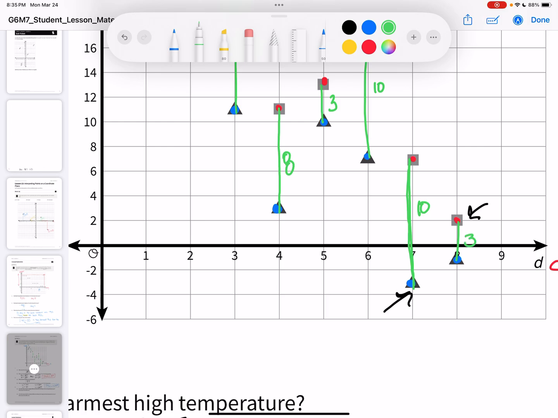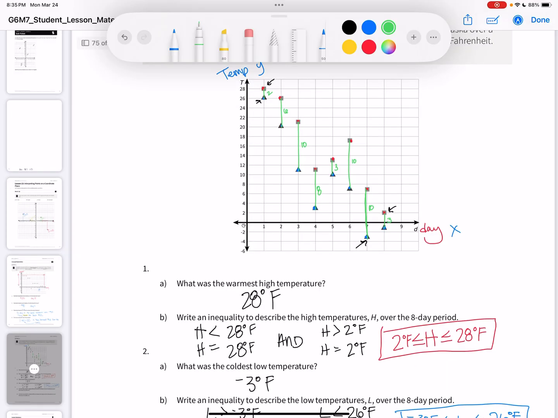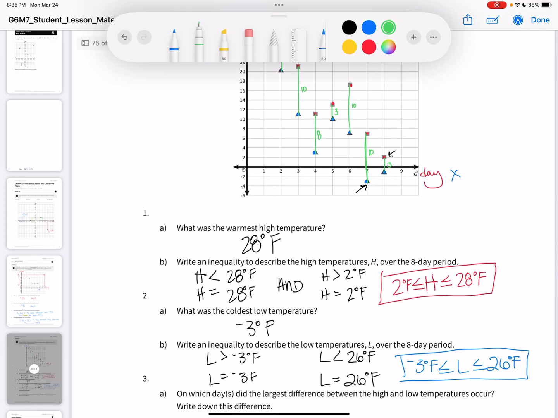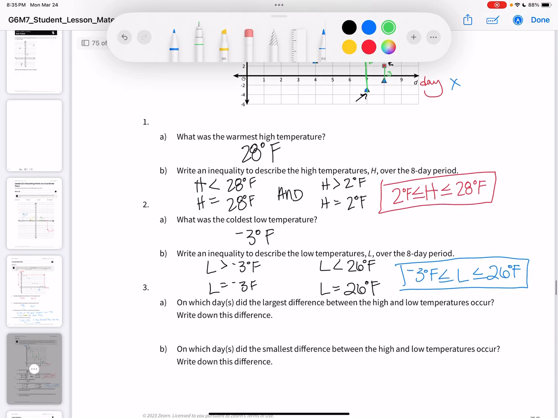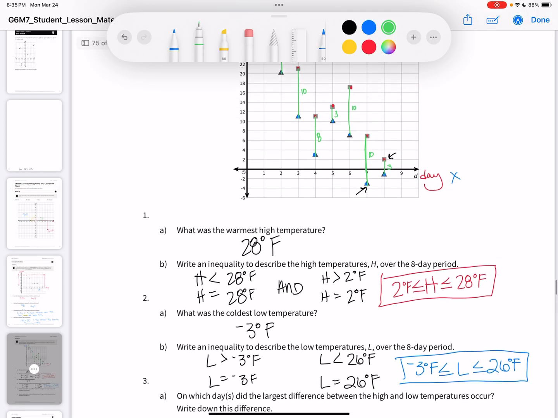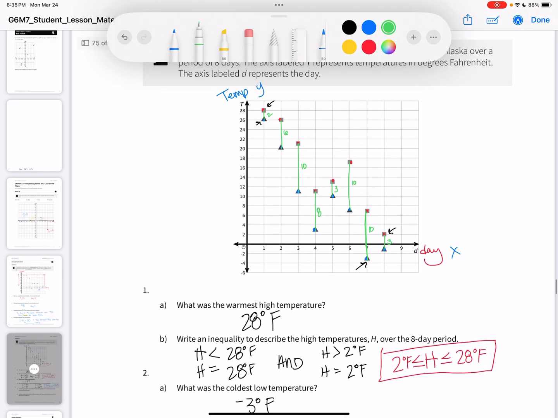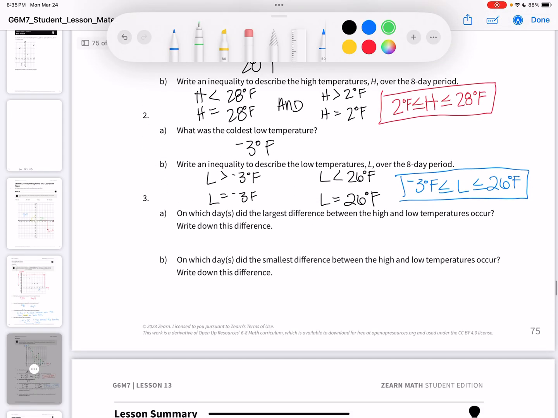We're talking distance, right? So which one has the greatest distance between both the dots, high and low? The largest difference. So we would be looking for, oh look, our 10. So day 3, day 6, and day 7. Days 3, 6, and 7.